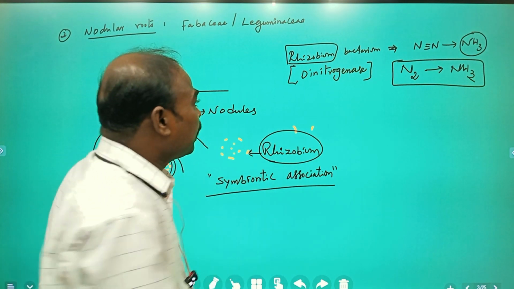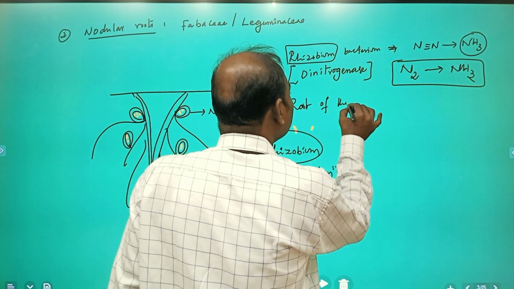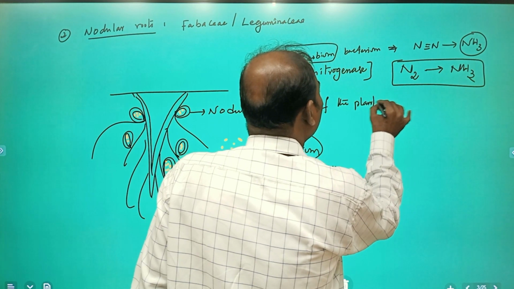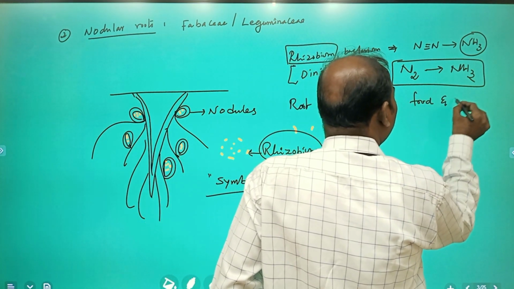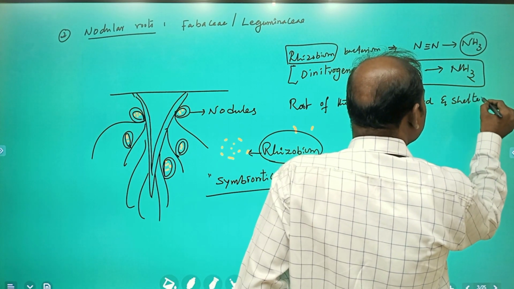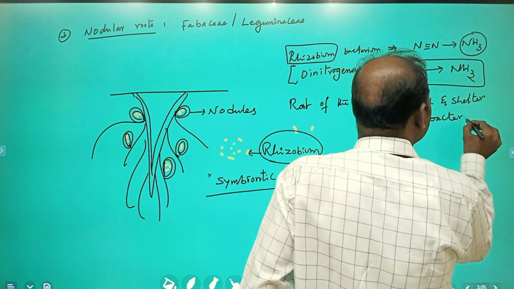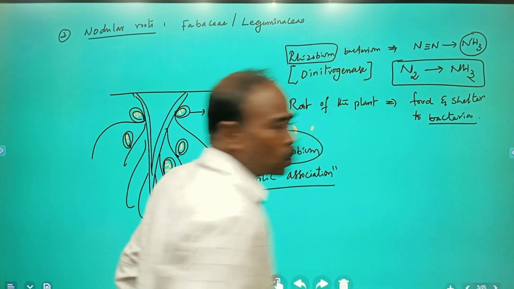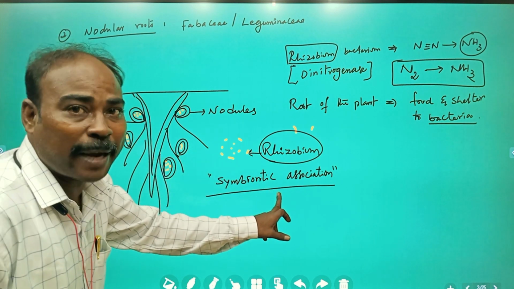In return, the root of the plant gives food and shelter to the bacteria. So you just understand the importance of this symbiotic manner.